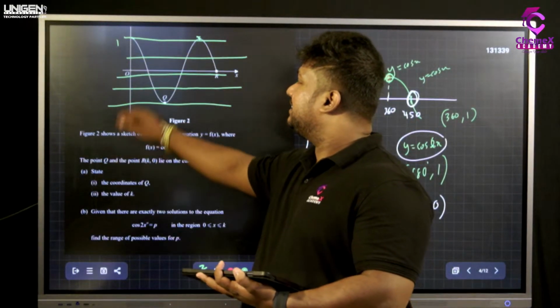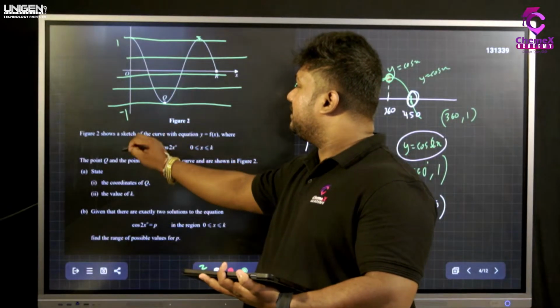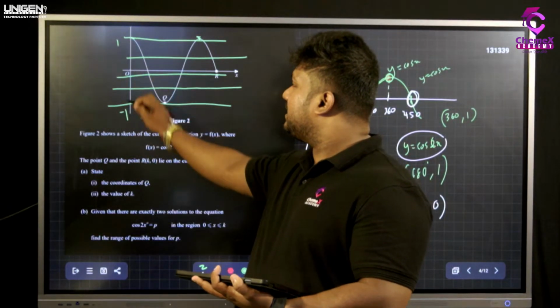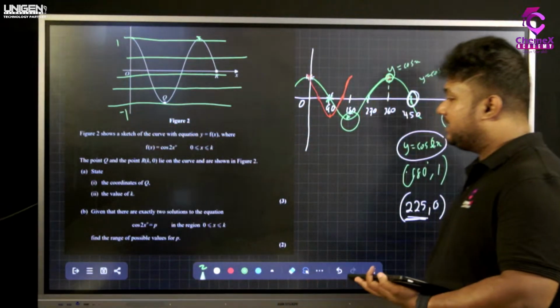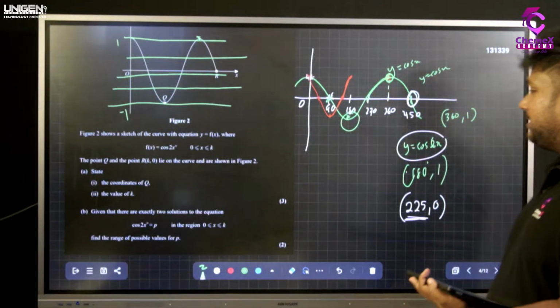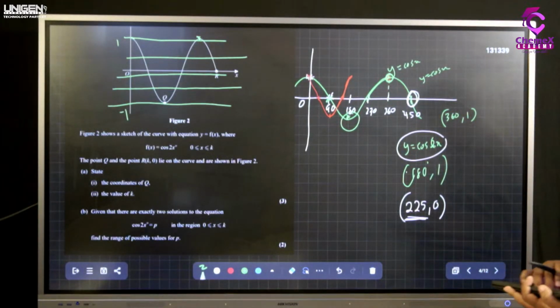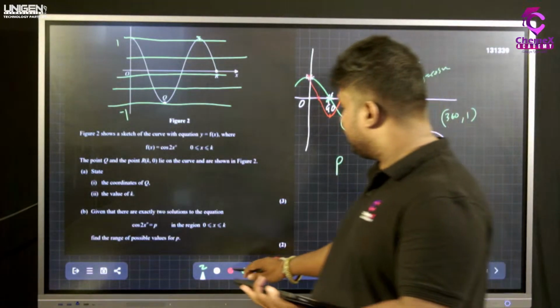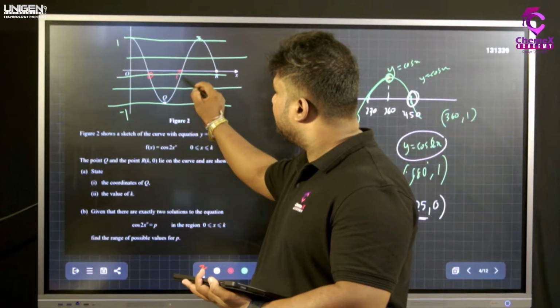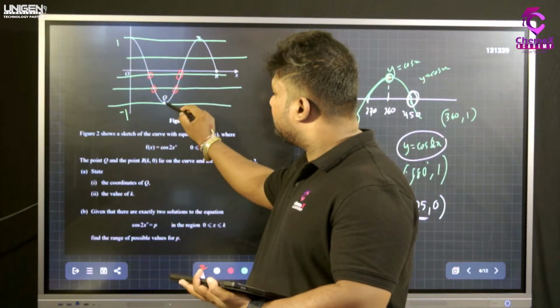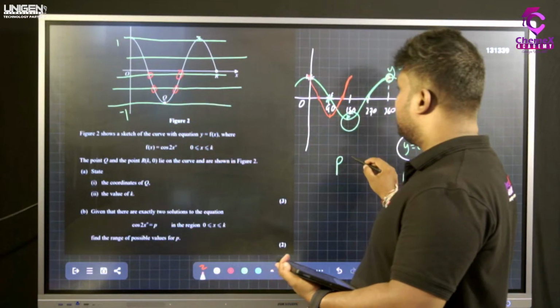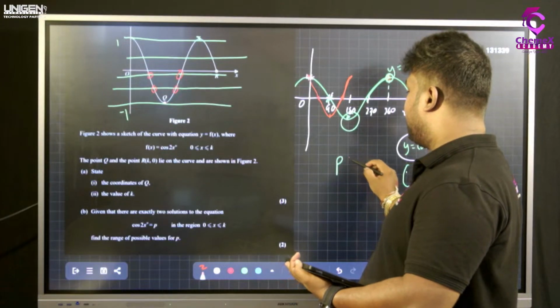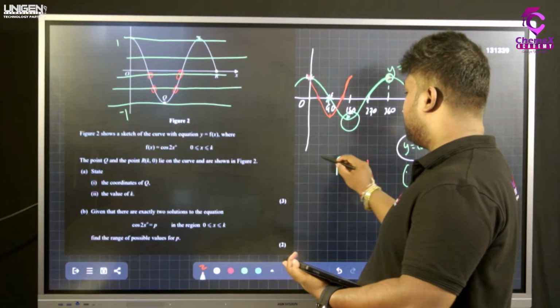Here it's -1, it's 1 point, and anything above, so where should p be to have two solutions? It should be above -1, can you see here it's 2, here it's 2. So it should be larger than -1, smaller than 0.